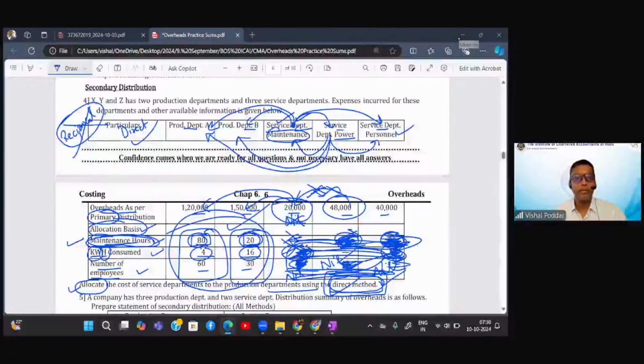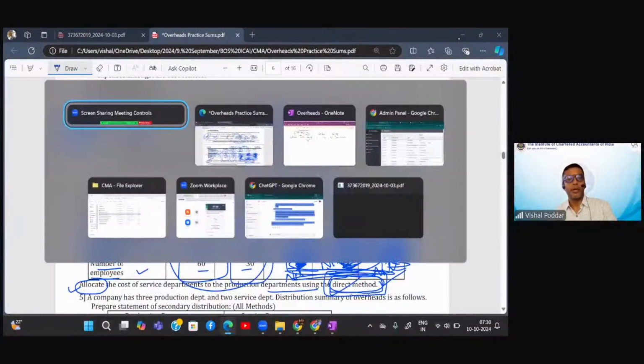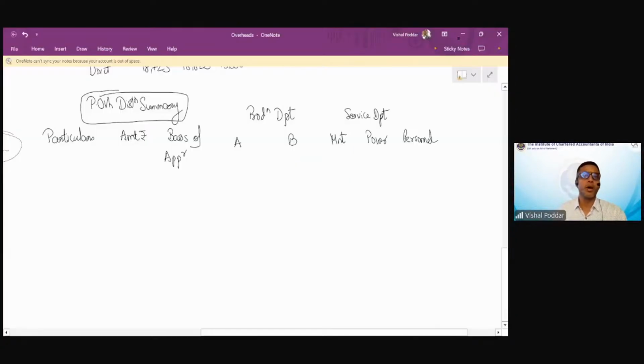I hope I have answered everybody's query. Students, ask your queries, because the more queries you ask, the more clarity you will get. You should fight with me, no problem. Yes, tell me. This query logic is ignoring service department inter-distribution. Yes, that is what I was stressing on. So now your problem is also solved?